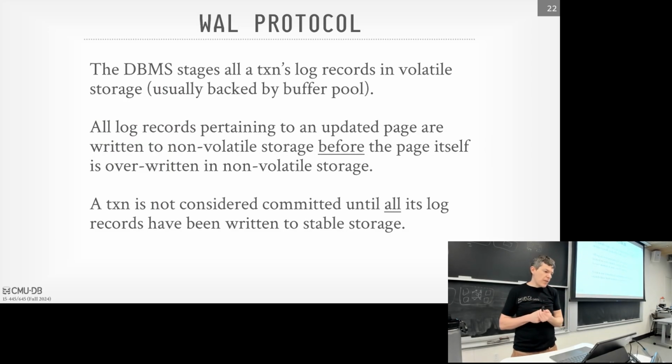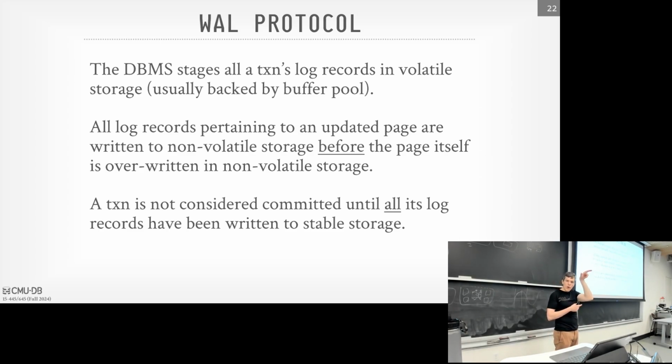So the way it's going to work is that there's going to be this log buffer space. It could be backed by the buffer pool, typically, not always, but it's some dedicated space in memory where we're going to stage all the log records for the changes from transactions. And we have a way to keep track of a log sequence number, which we'll cover next class.